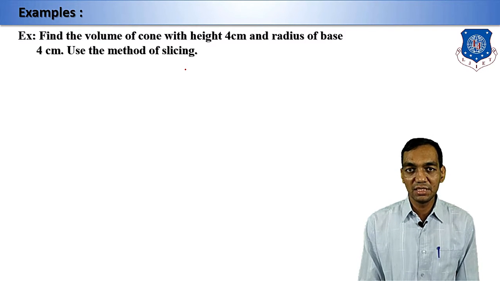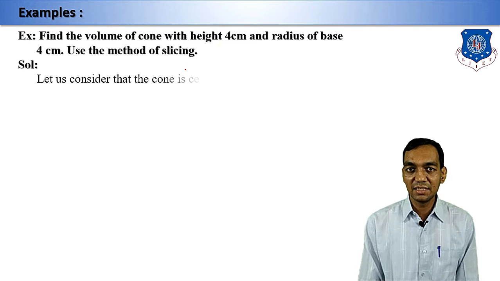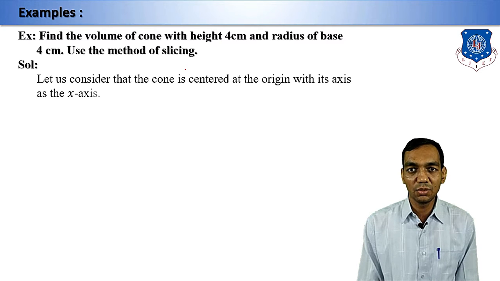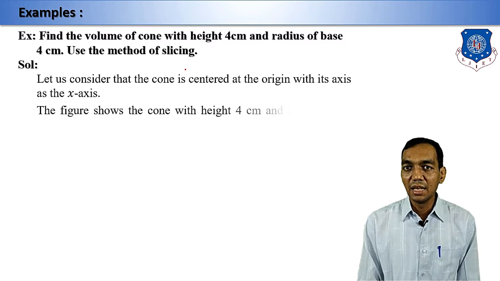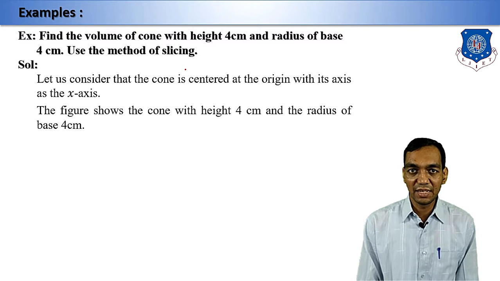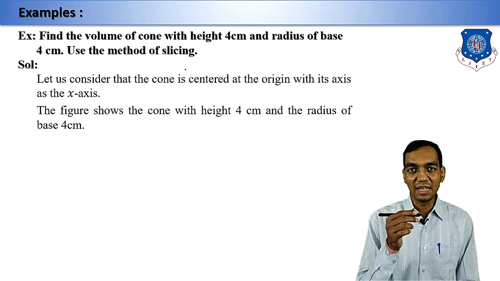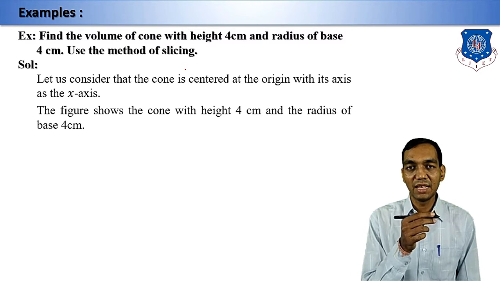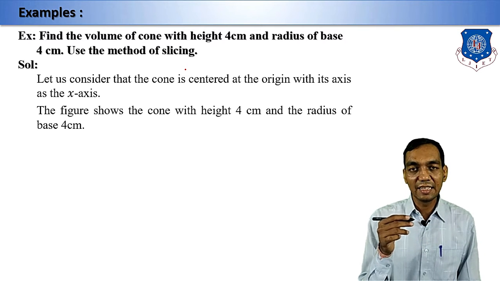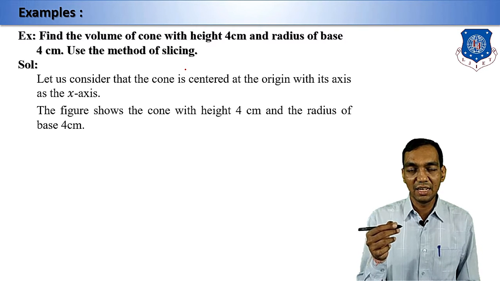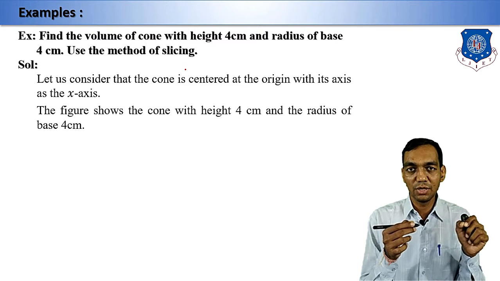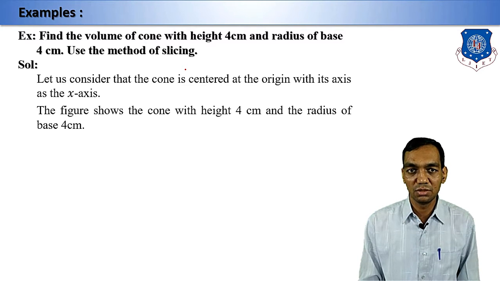Now we consider that the cone is centered at the origin with its axis lying on the positive x-axis. That means the center line from where we consider the radius lies on the positive x-axis, and the top lies at the point 0, 0, 0.